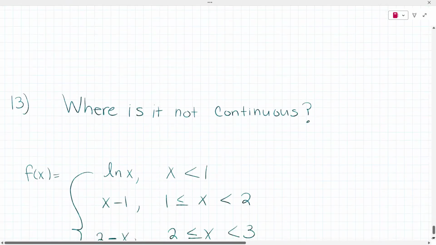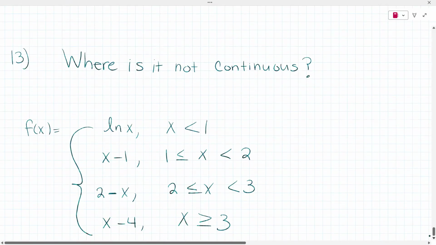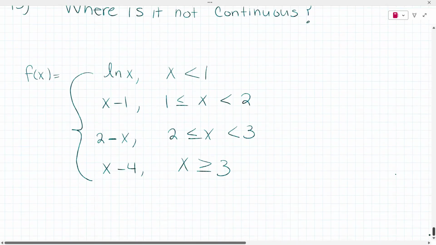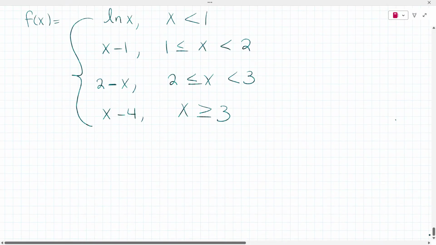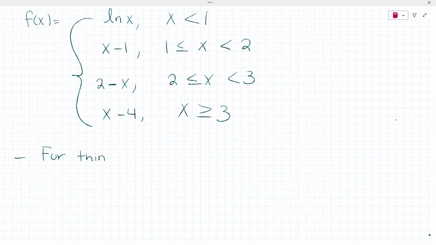Number 13 says, where is it not continuous? We have a piecewise function. Where is it not continuous? So where do you pick up your pencil when you draw this? For things to be continuous, there are a few things that must happen.